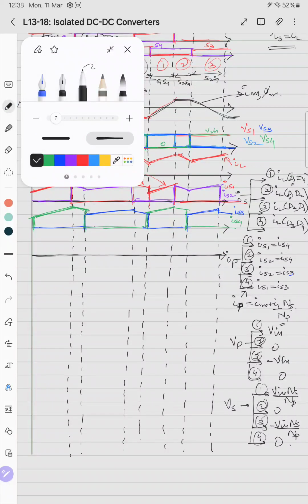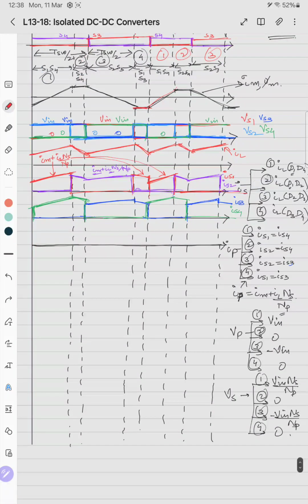So in case 1 and 2, we'll draw IL current like this. This is the IL current. 3, 4 it is not there, so only 1 and 2. This is ID1.